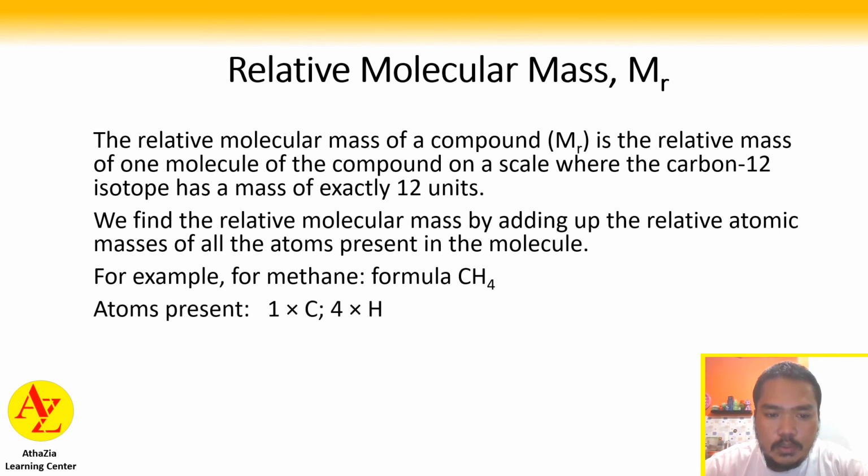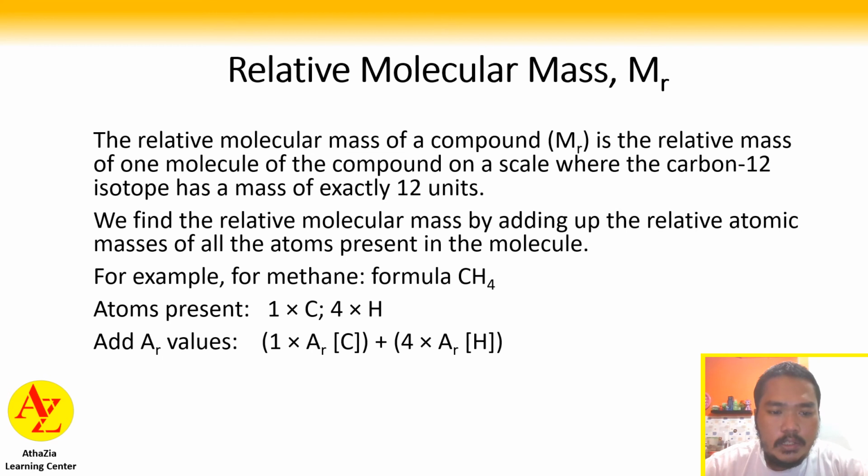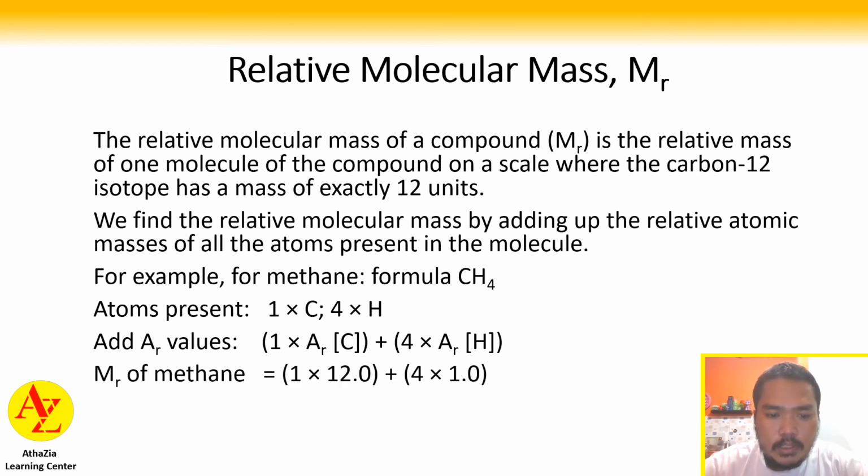We multiply each number by the AR of the element: 1 times AR of carbon plus 4 times AR of hydrogen. Then we add them together and get the MR of methane, which is 16.